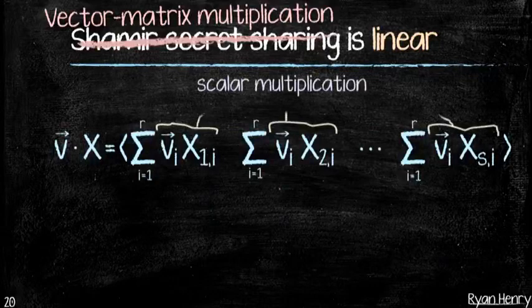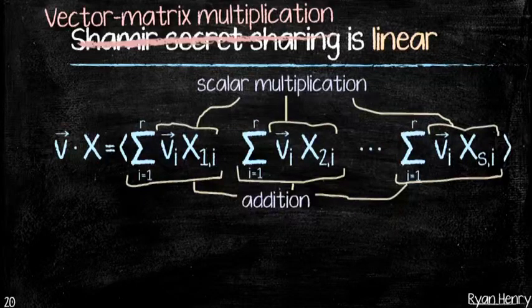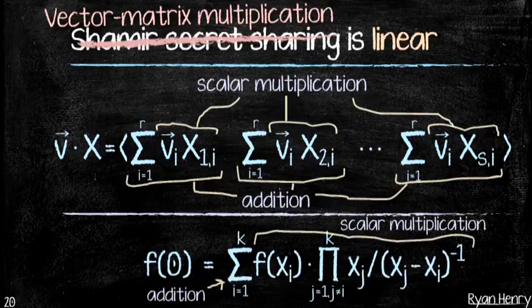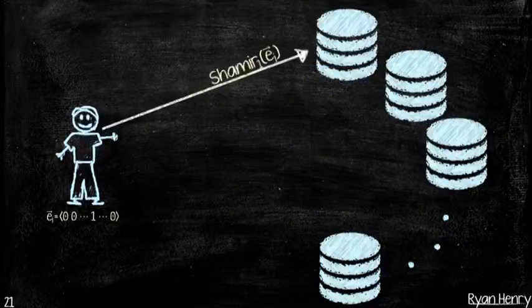When you multiply a vector times a matrix, you're just taking a bunch of scalar multiples and then adding them together. And when you go to reconstruct, the Lagrange interpolation formula is a bunch of scalar multiplies and an addition. So everything here just requires that scalar multiplication and addition holds. So we can take secret shares, multiply them by scalars, etc. Now we can do our vector matrix multiply.